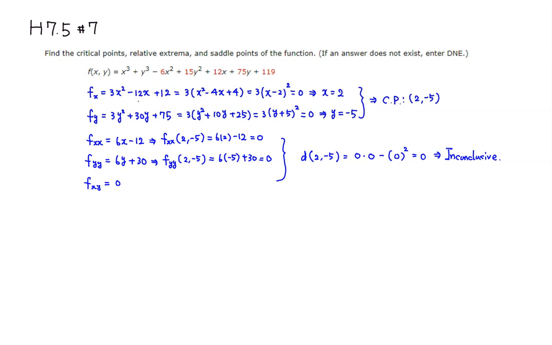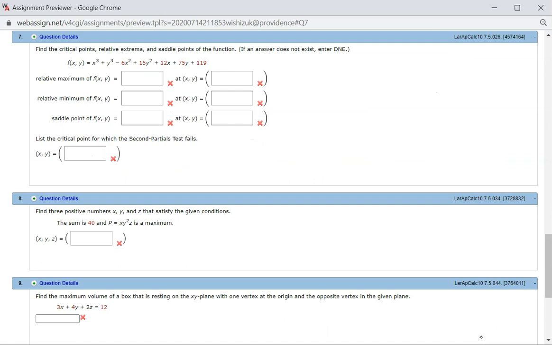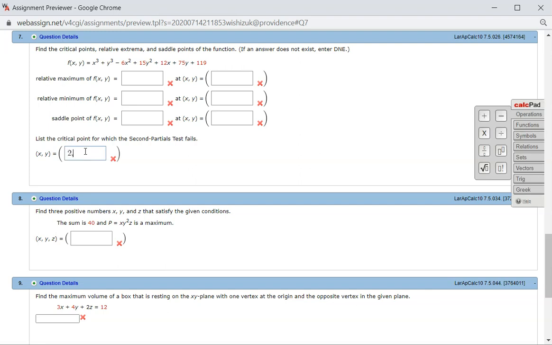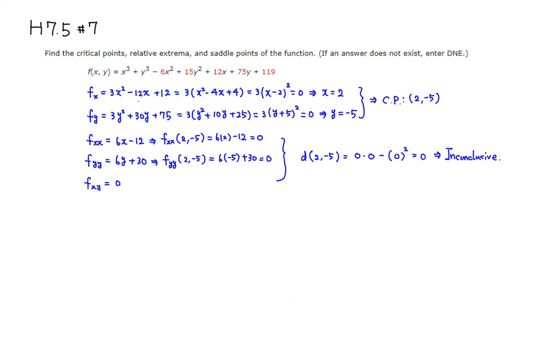Let's see. So if you go up here, the critical point 2 comma negative 5 gives us inconclusive from the second partial test. Then if you go back, do we get a relative max or relative min?